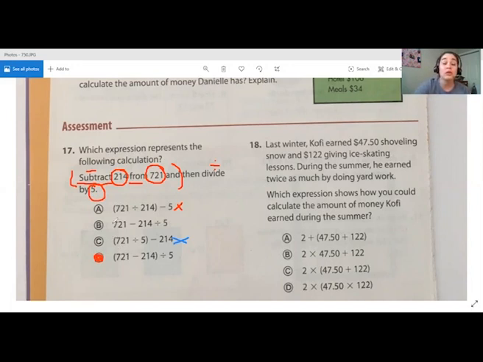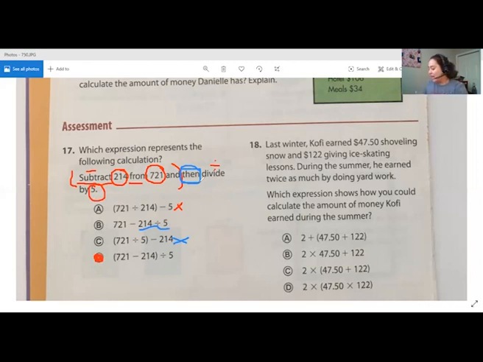So if we were solving B with the order of operations, you would actually be doing the division part first, and that's going to give us a different answer. So it's important that we pay attention to that keyword then. Then tells us we have to have those parentheses because we have to have that difference first.